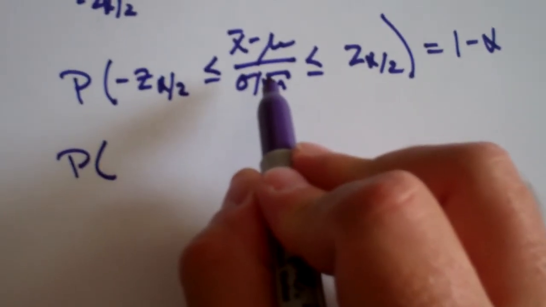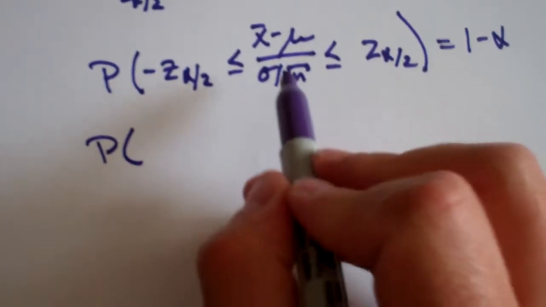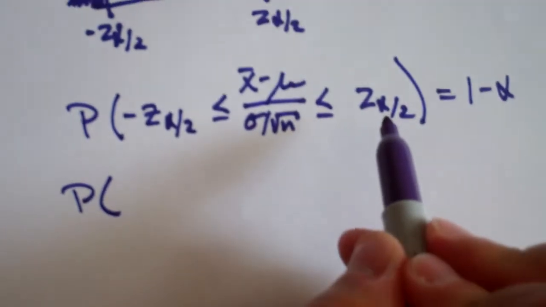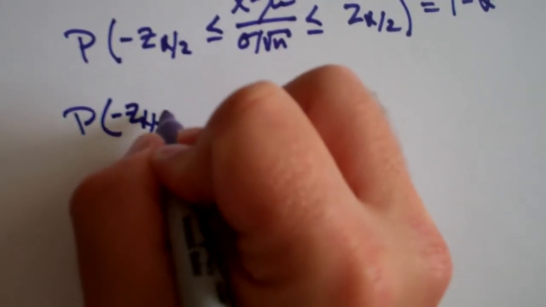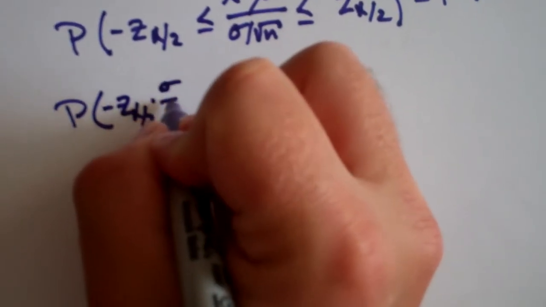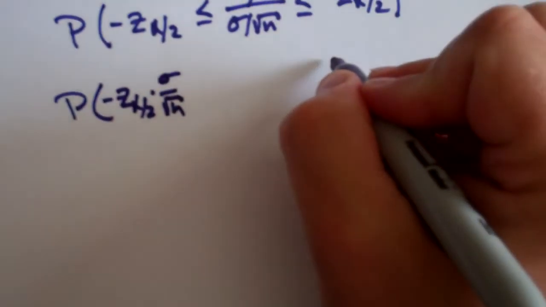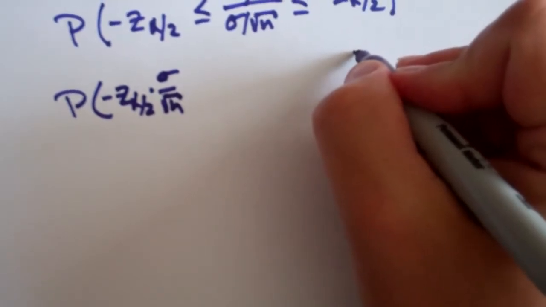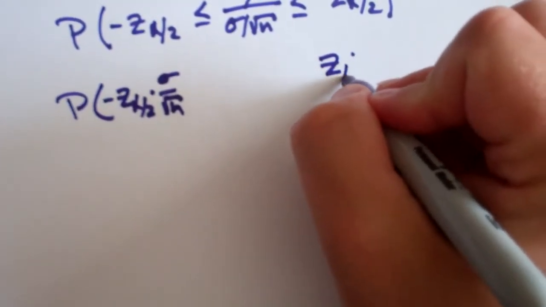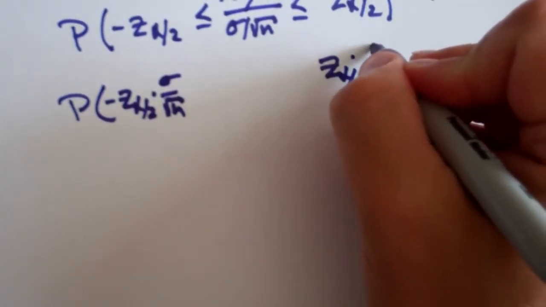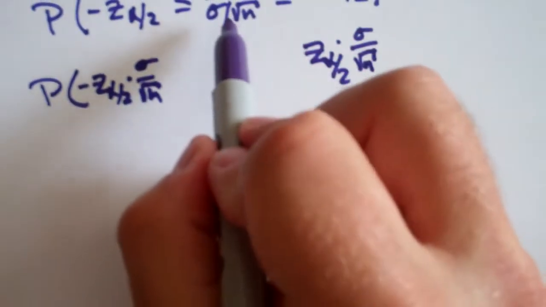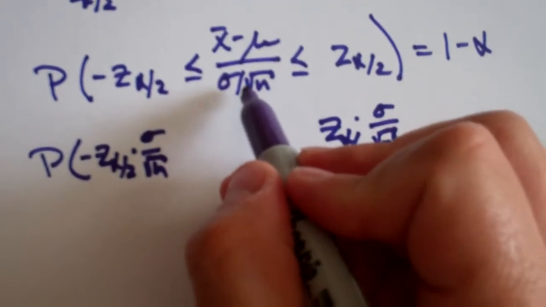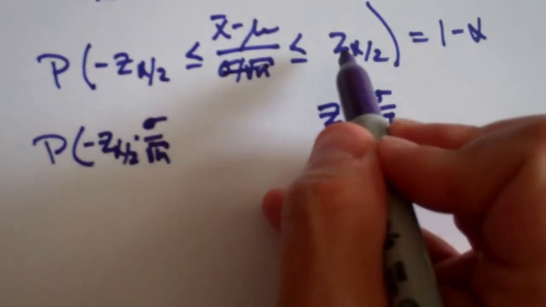I take the sigma over the square root of n and multiply it times both sides of the inequality, minus z of alpha over 2 times sigma over the square root of n, and then at this side I'll have z of alpha over 2 times sigma over the square root of n. And so that takes this part out of the denominator and takes it to either side.